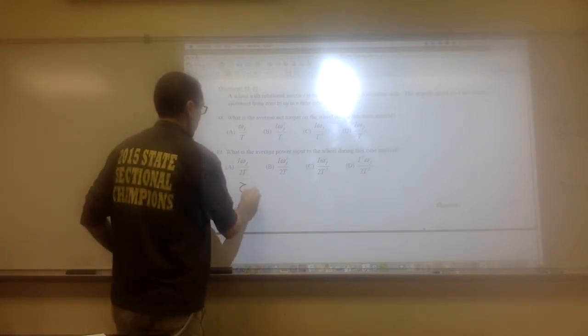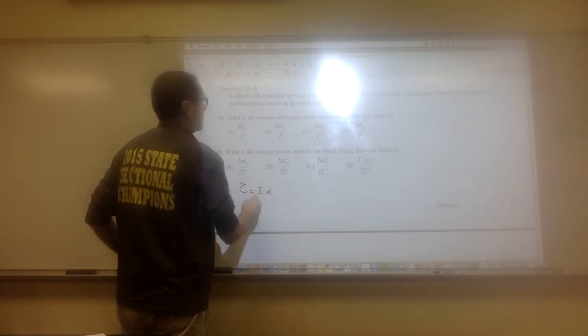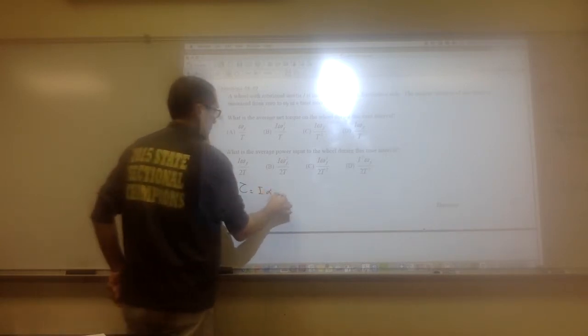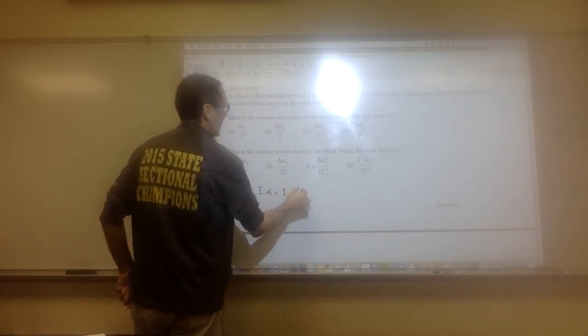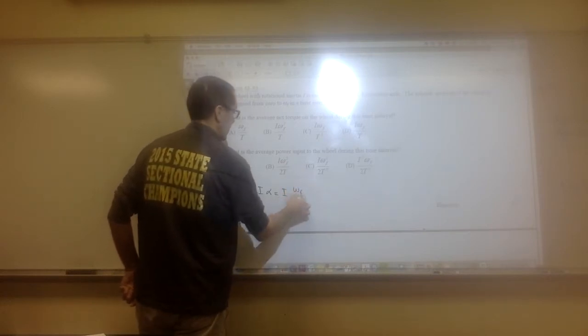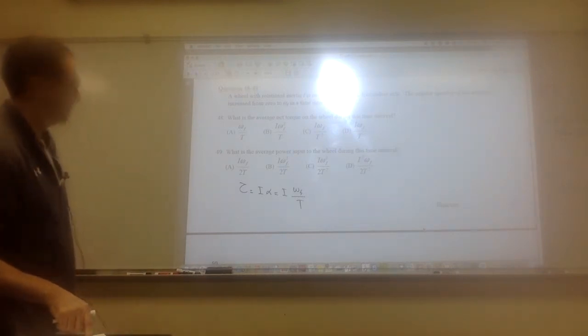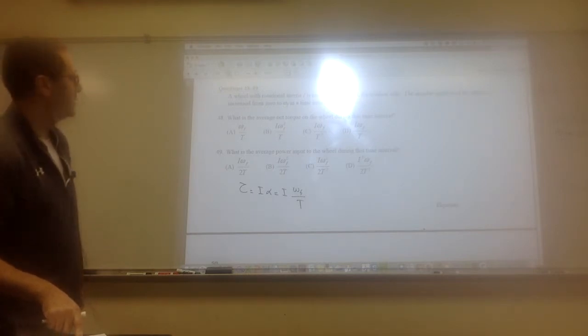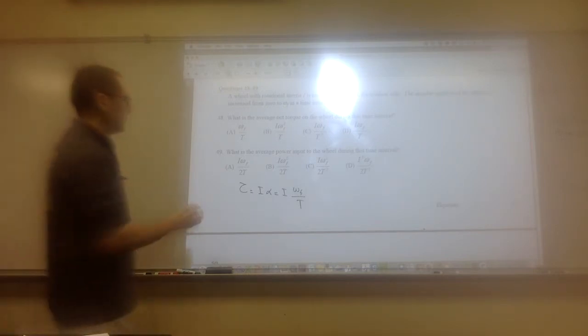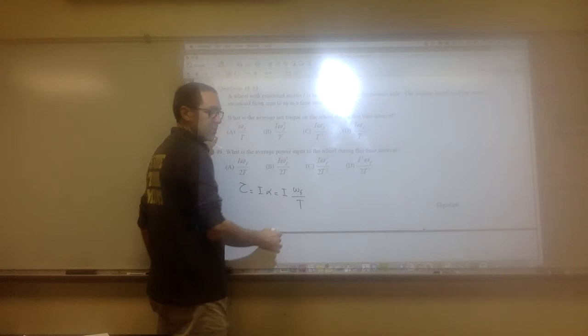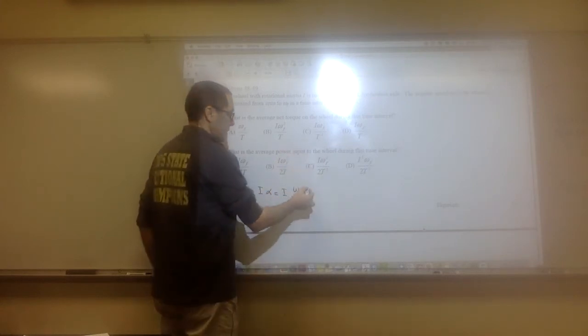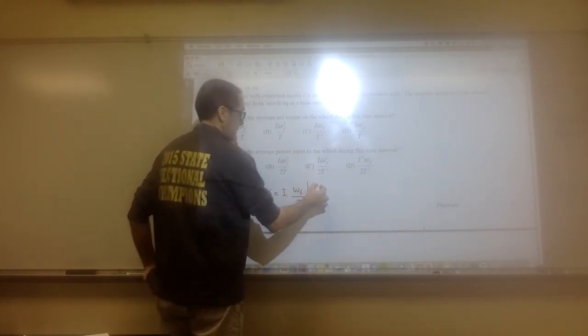So torque is I times alpha, which is I times omega final minus omega initial over time. So it should be that, which is, according to my notes, D.